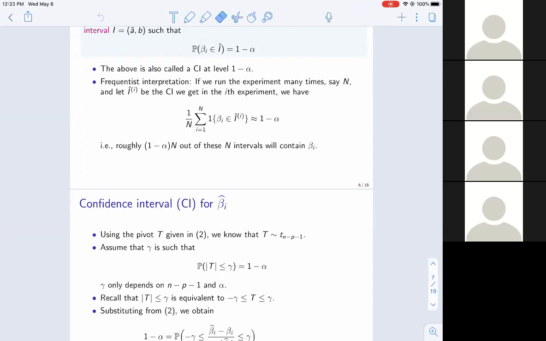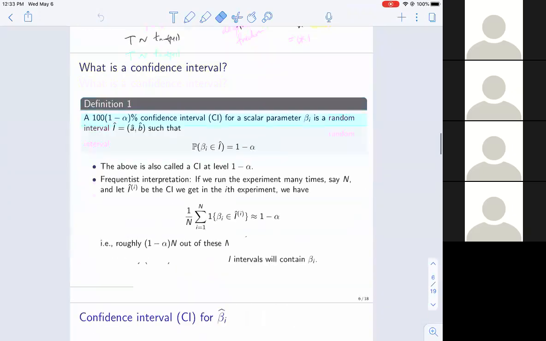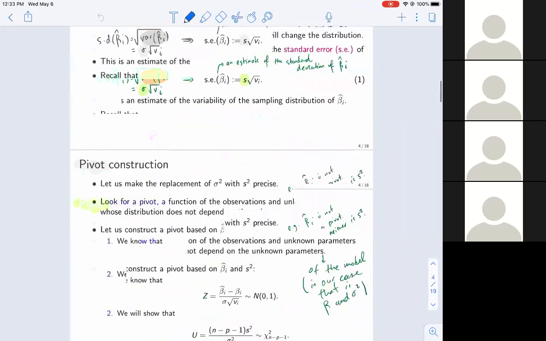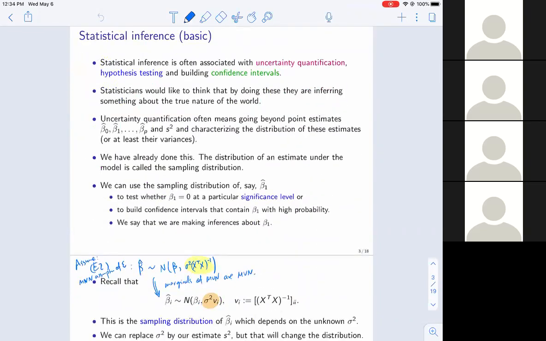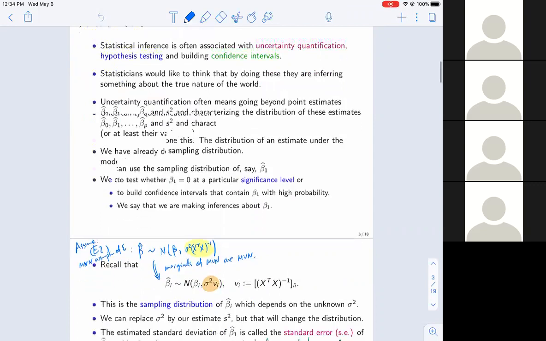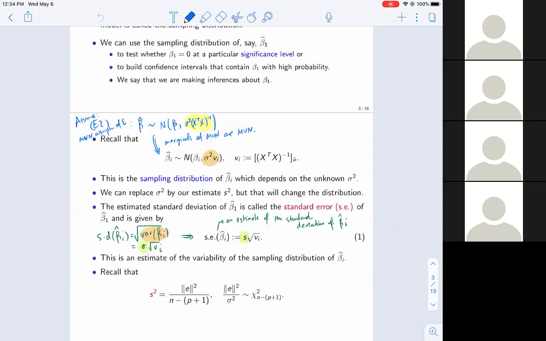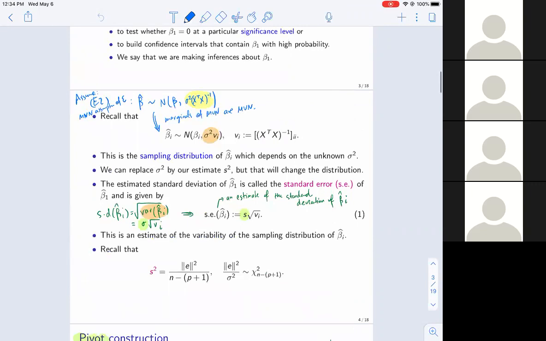So we started discussing building confidence intervals and hypothesis testing. Just to remind you, we are working under a linear regression model, and under the second assumption, which I called E2, the noise has a multivariate normal distribution.